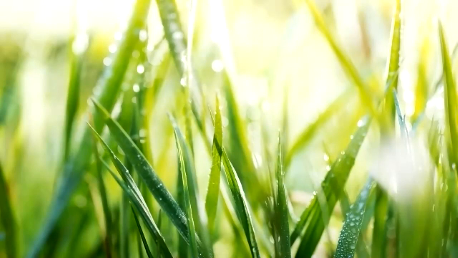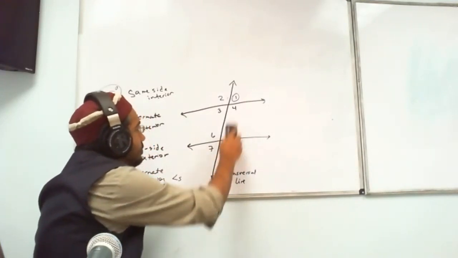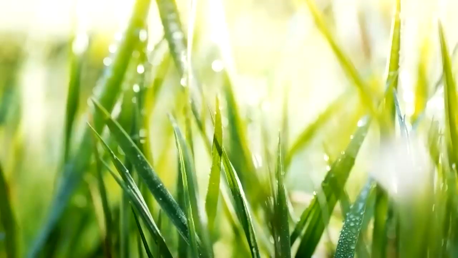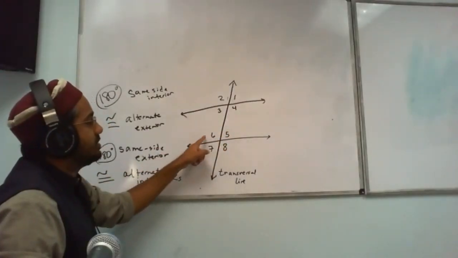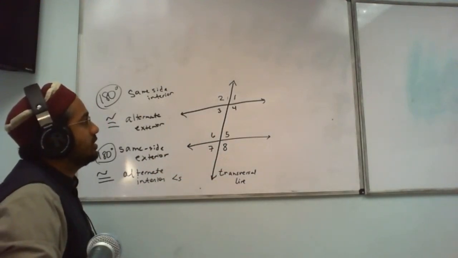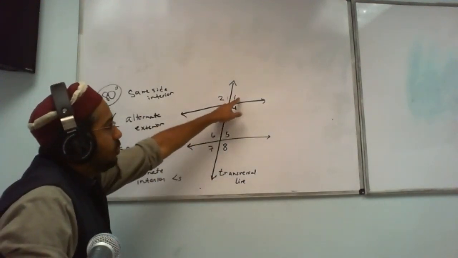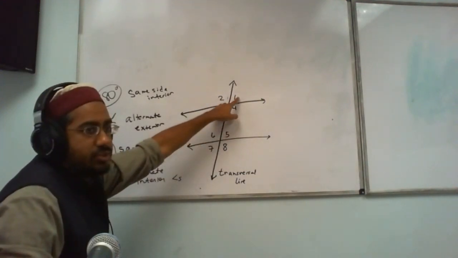All right. So if we take a look over here, do you notice 1, 2, 3, 4, 5, 6, 7, 8? Among these 4 angles, how would you describe the location of angle 1?